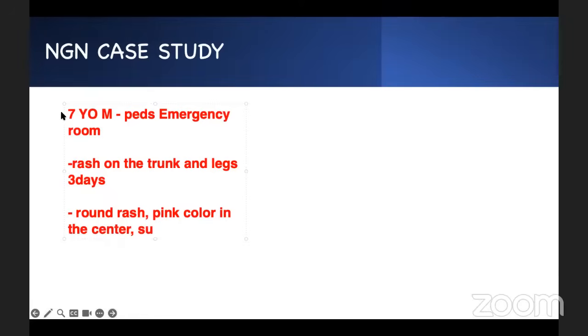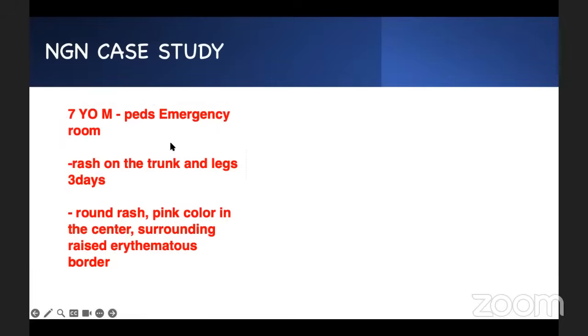But when you look at the surrounding, you see a raised erythematous border. Does it ring a bell? It's all buzzwords. So when the NCLEX presents it to you like that, don't be surprised.